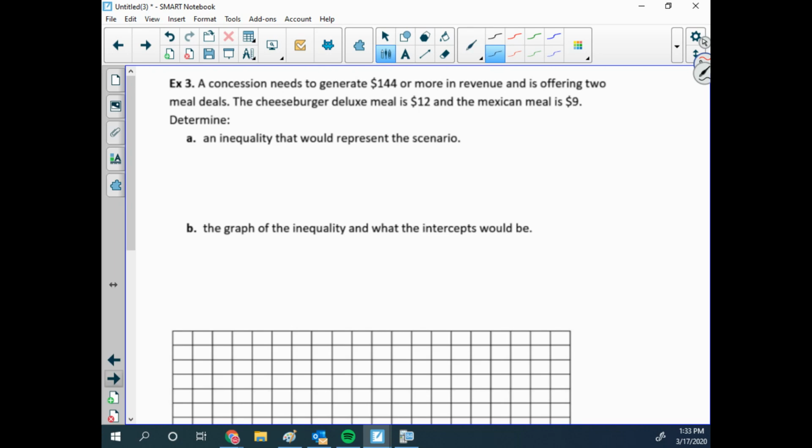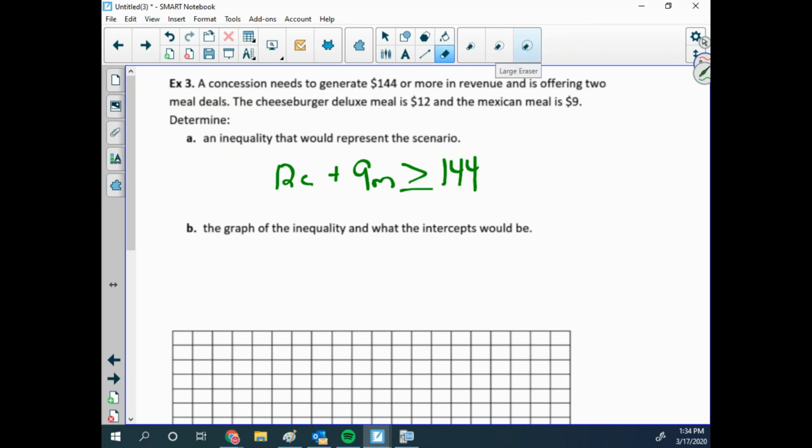Well, the 2 meal deals, so however much I sell, so let's say 12C plus 9M needs to be greater than or equal to 144. Right? We want to make at least that much money, so however much I sell here has to be greater than that $144. So I represent that as my inequality.